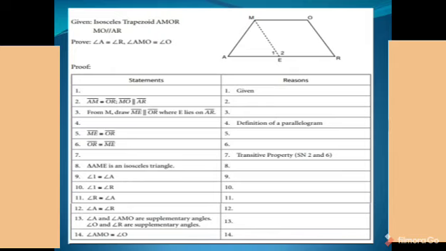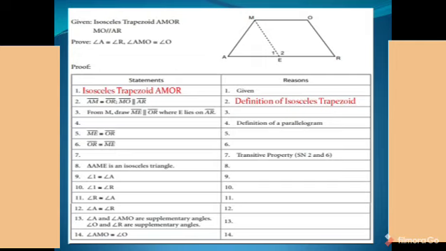Well, you have it there: isosceles trapezoid AMOR. So what would be our second statement, segment AM is congruent to segment OR, and segment MO is parallel to segment AR? That would be the definition of an isosceles trapezoid.